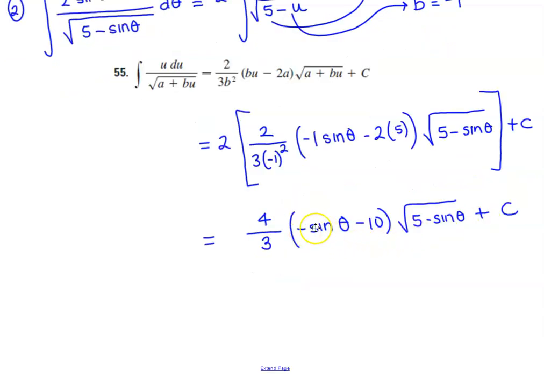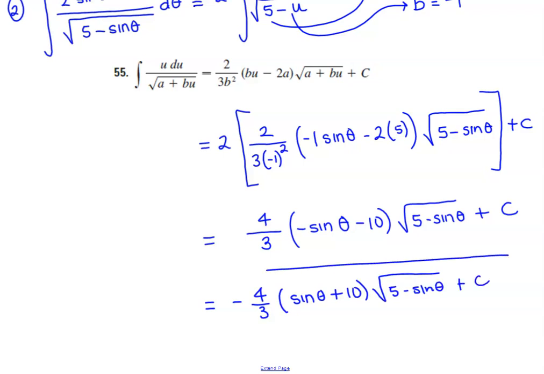And then the last thing we need to do is factor out the negative sign. So if we factor out the negative sign, we have -4/3 times the sine of theta plus 10 times the square root of 5 minus the sine of theta plus c, and therefore there is our result.